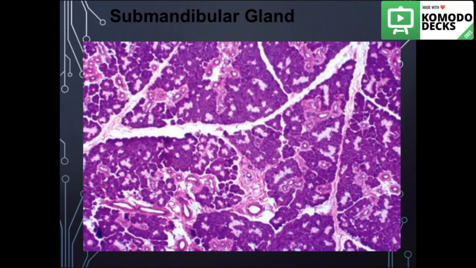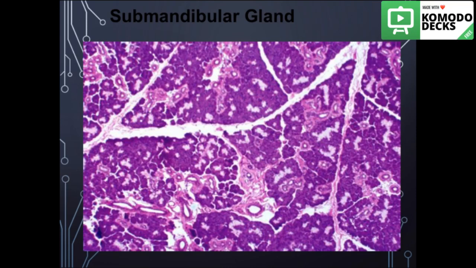Moving to the submandibular gland, we see a mixed type of secretory cells. In the center are the mucus cells, which appear paler under the microscope, surrounded by more darker serous acini cells.